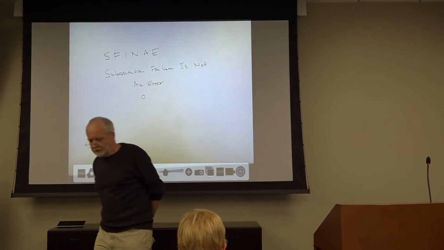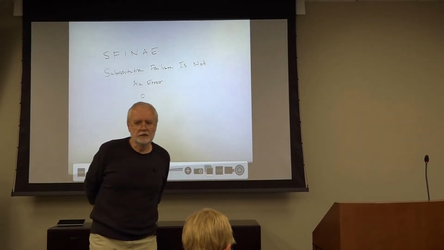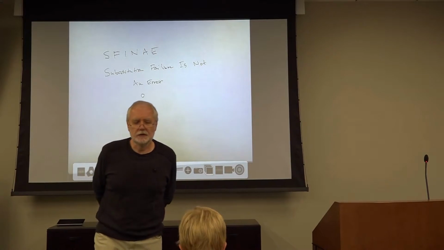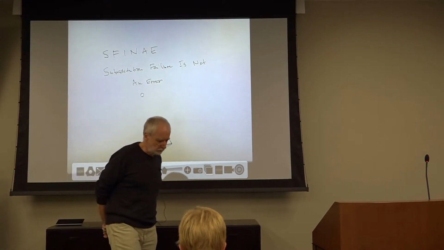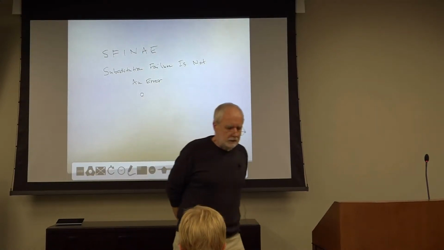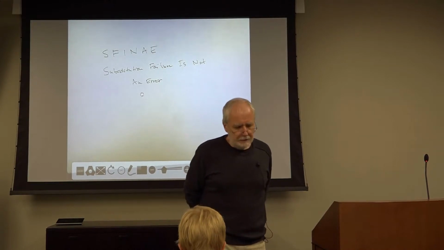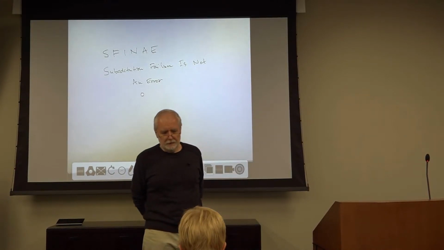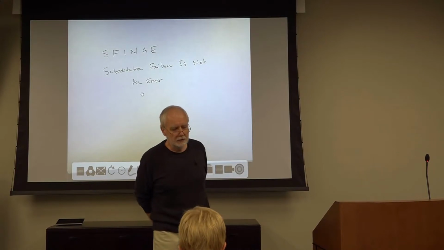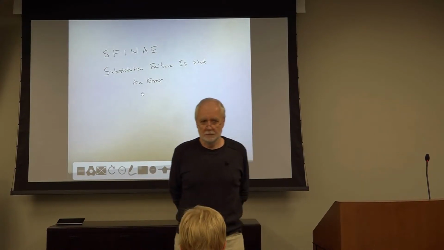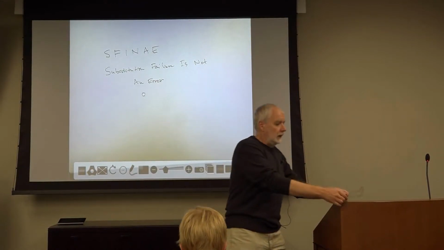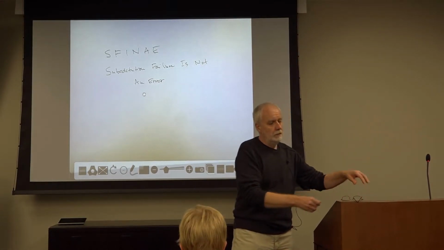And you might say, hey, why do we need SFINAE? Or why do we need something like SFINAE in the first place? SFINAE is a feature of C++ which is built into the language from the very beginning when they introduced templates. And it means the following.